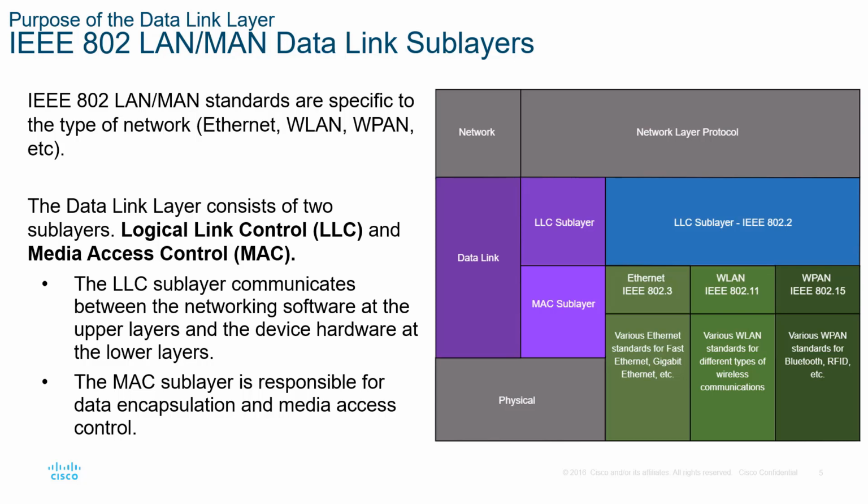You'll notice the LLC sublayer is IEEE 802.2, versus the MAC sublayer, which is going to be 802.3. That's traditional Ethernet, that's wired. Or it could also be IEEE 802.11, that's wireless. Or we could be talking some form of personal network like Bluetooth, so that'd be 802.15.